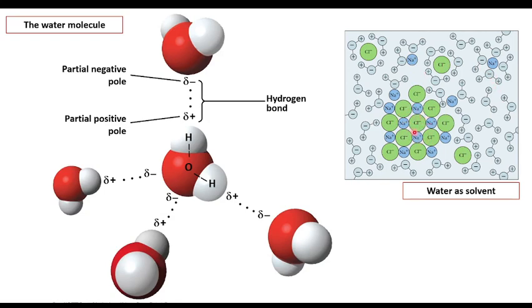We know that salt can dissolve in water, and we can see here that this big chunk of salt has not yet broken up, but in these separated portions, you can see that the negatively charged chlorine is attracted to the partially positive poles of water, which is due to the presence of the hydrogen atoms. In the same way, the partially negative pole of water is attracted to the positively charged sodium atom.